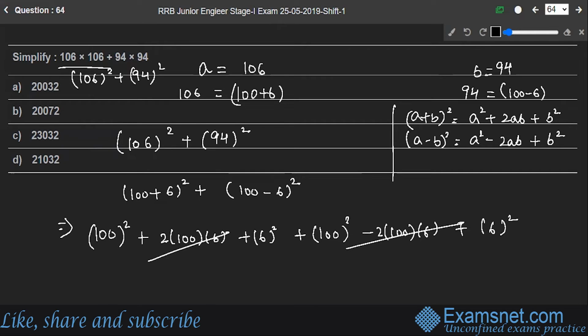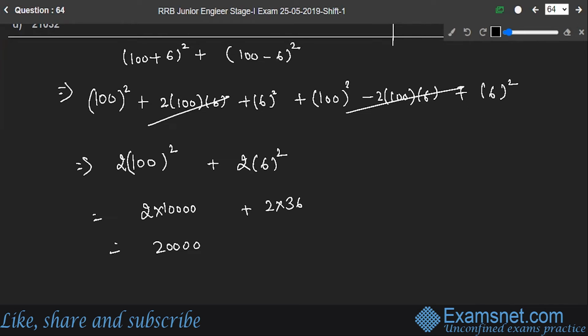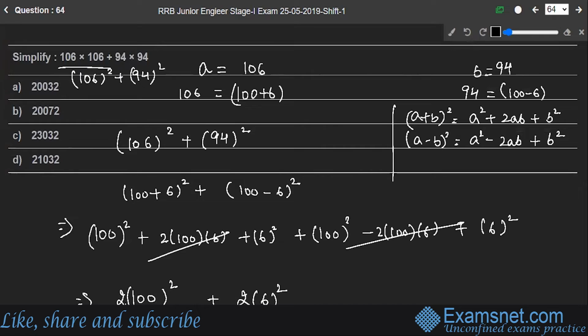So these two will cut down and you have 100 square twice, 6 square. This will give me 2 into 10,000, 2 into this. So this will be 20,000 plus 72, or this will be 20072. Okay. So this is one.